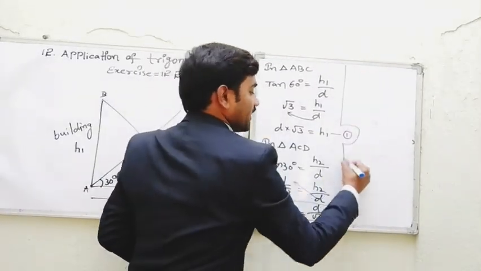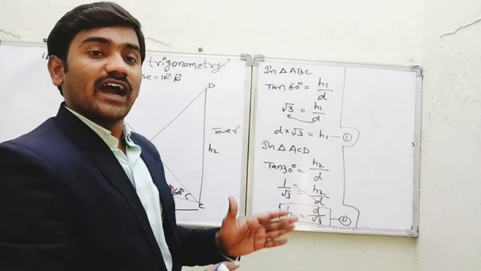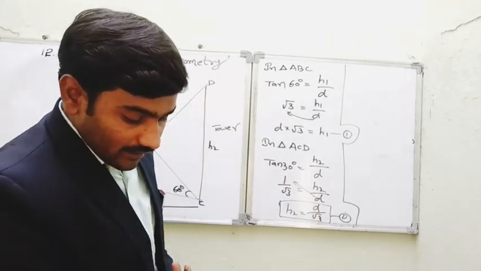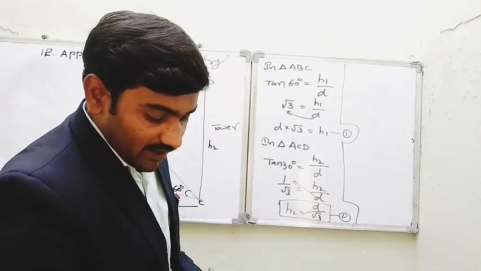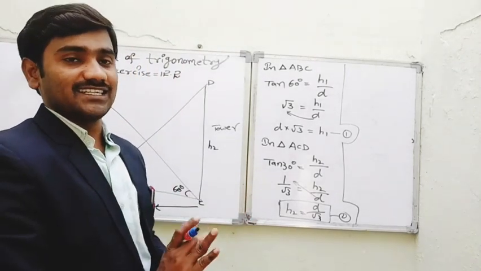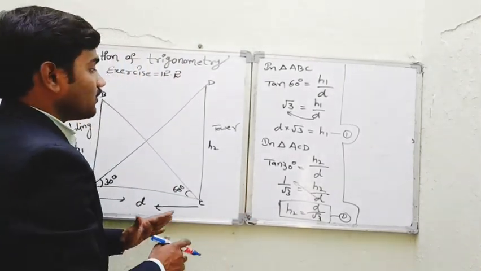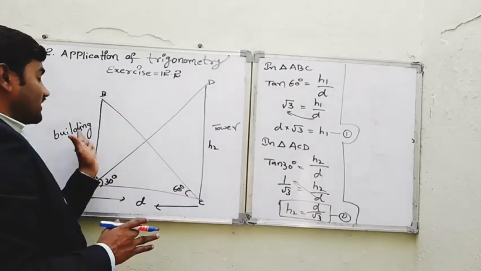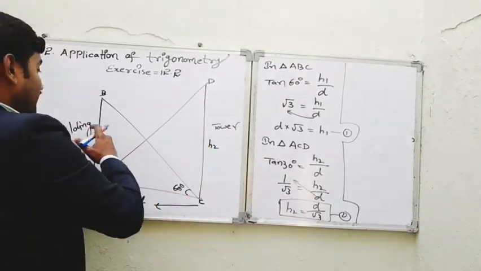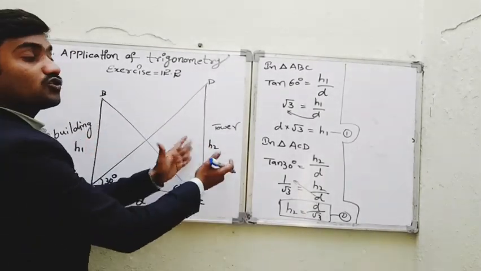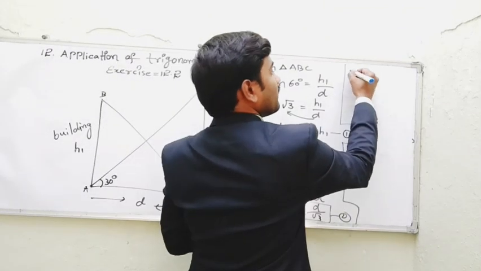Actually, what we need to find? The ratio of the height of the tower and building. Tower and building, not building and tower. So tower and building, H2 by H1 we have to do. If it were building by tower, H1 by H2 we would do.